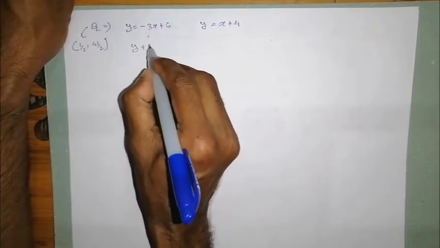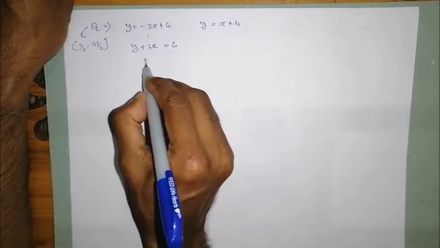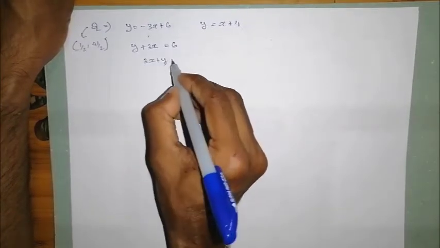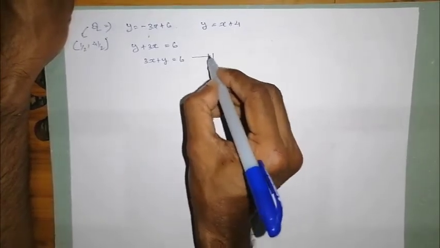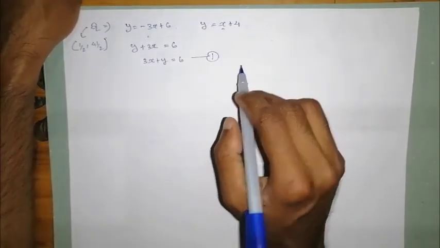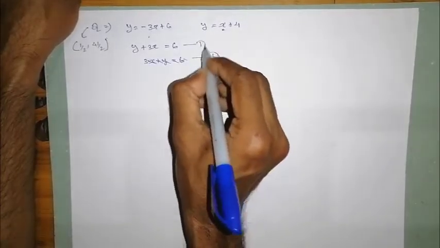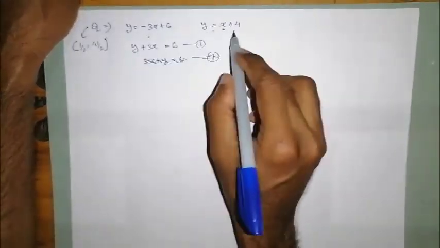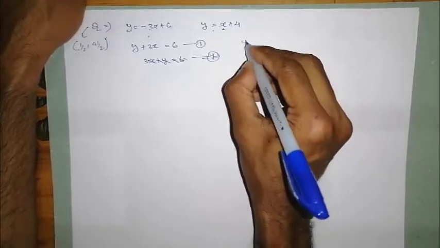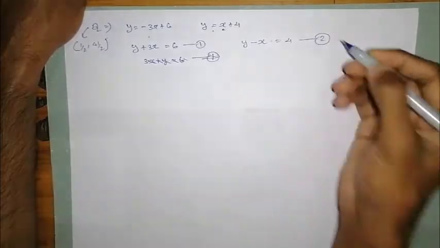So y + 3x = 6, which is 3x + y = 6. That is the first simultaneous equation. We can keep the second like this: y = x + 4 becomes y - x = 4. That is our second equation.